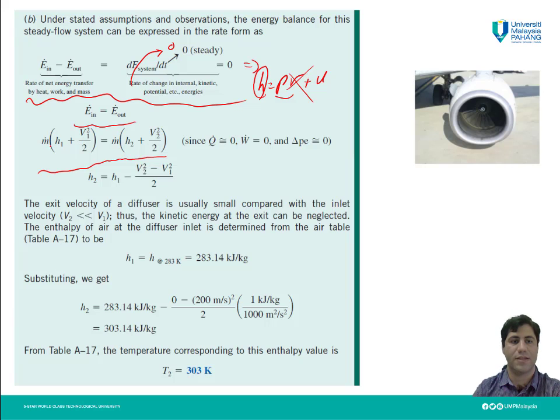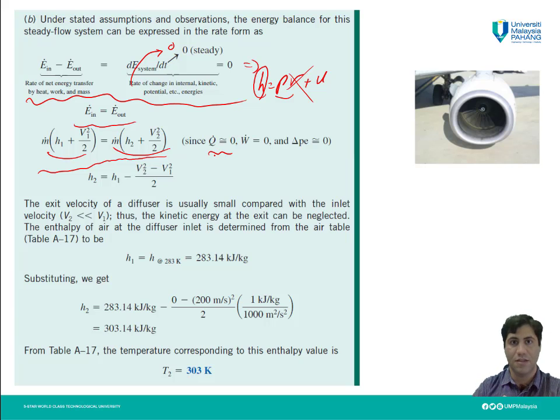So we can write it like this: m dot times h1 plus v1 squared divided by 2 is the energy at the entrance of the diffuser, and at the exit of the diffuser we have m dot times h2, the enthalpy of the fluid at the exit, plus v2 squared divided by 2, where v2 is the velocity at the exit of the diffuser. We can write this equation because for E dot in or E dot out, we don't have any heat transfer to or from the system.